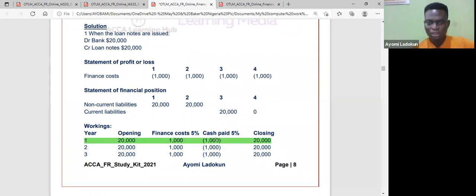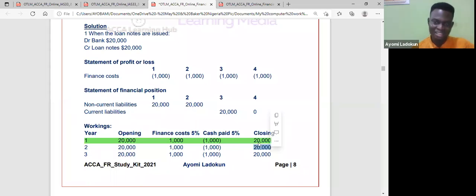So when I'm in year 1, I will show this closing balance as non-current. Okay, I'll show it as non-current because I will pay it at the end of the 4th year. Do you get the point? Now, in year 2, I will also show this as non-current.